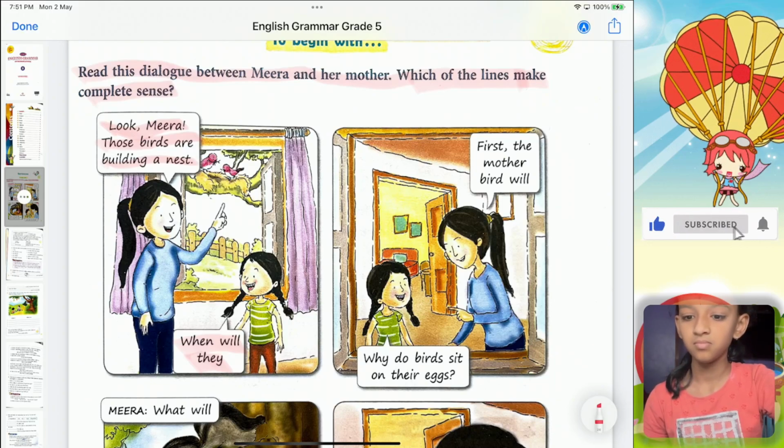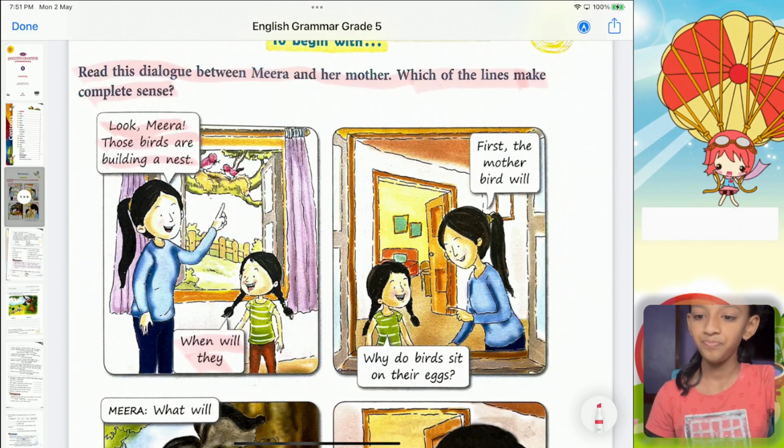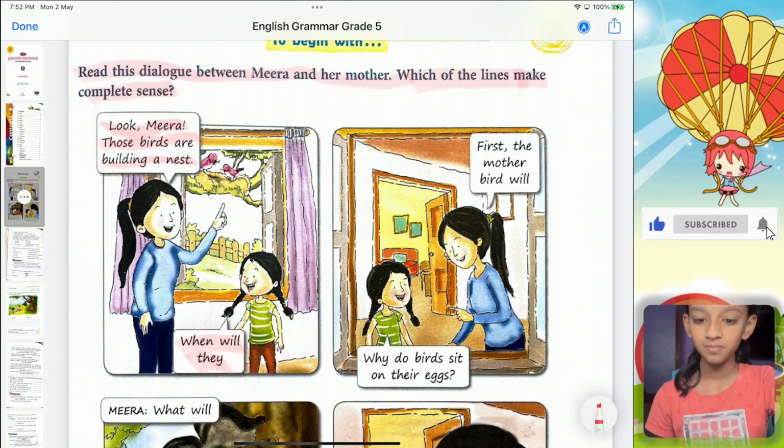whatever the mom is saying makes complete sense because it's a complete sentence, right? But whatever Meera is saying is not a complete sentence or a complete question.